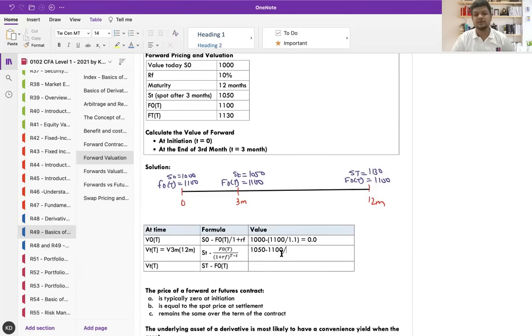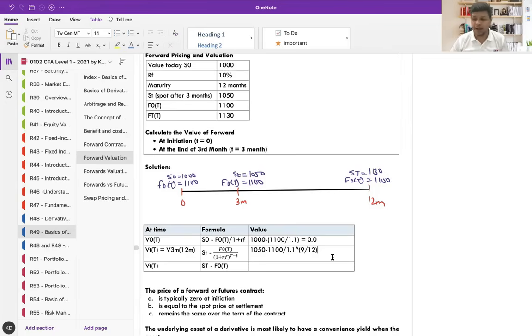Correct? So now I will do 1.1 raised to 9 divided by 12, right? In the above part, I did raised to 1 because that was the entire year. So in your calculator, do 1100 divided by 1.1 raised to 9 by 12.